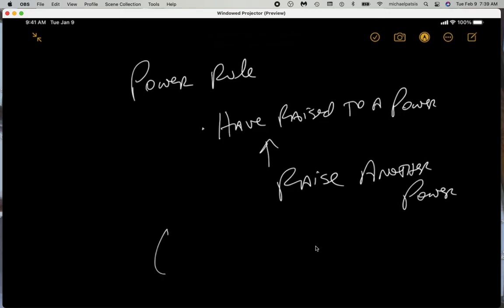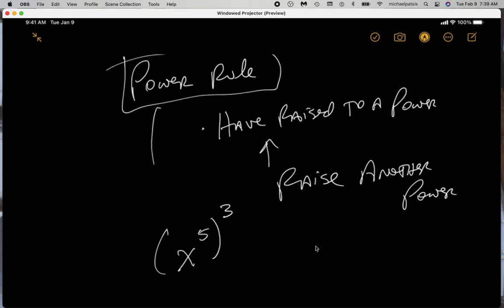So if you have x to the 5th power, you're raising it to another power. The power rule applies to this scenario. And what you do is you multiply. So this becomes x to the 15th.